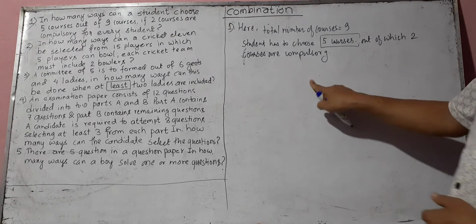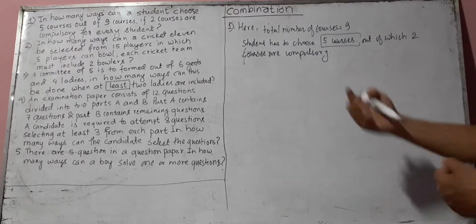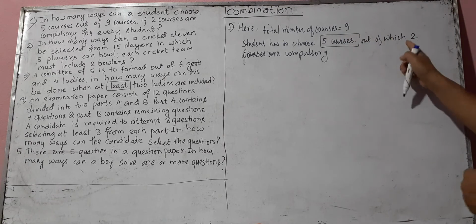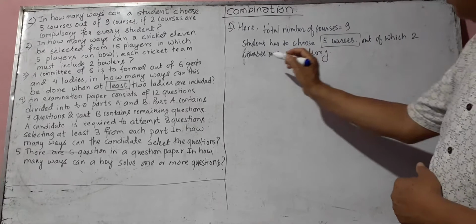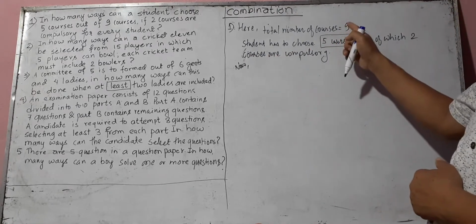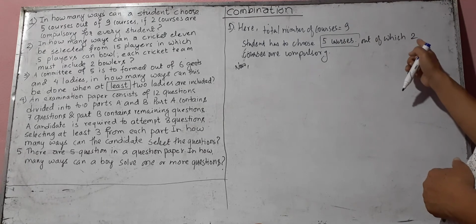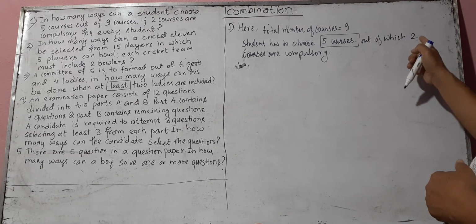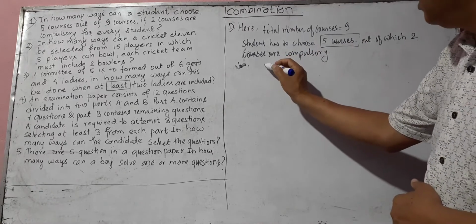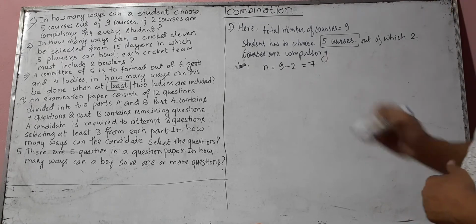So now let us see how we find the combinations of selecting the courses. Out of the total of 9 courses, 2 courses are already selected, that means 2 are compulsory. So n equals 9 minus 2, that becomes 7.